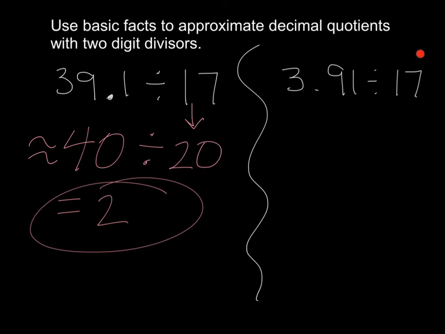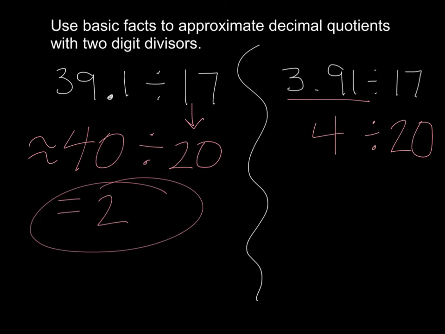Okay, let's try it with this problem here on the right. Again, our divisor is 17. How many groups of 17 can we make out of 3 91/100ths? I'm going to round my divisor to 20. Then I'm going to look at my dividend, my whole. I'm going to round that to 4. Okay.